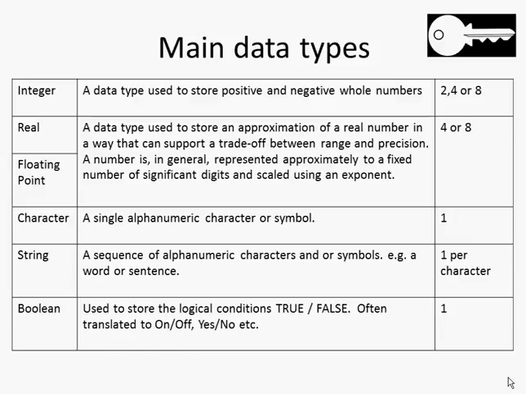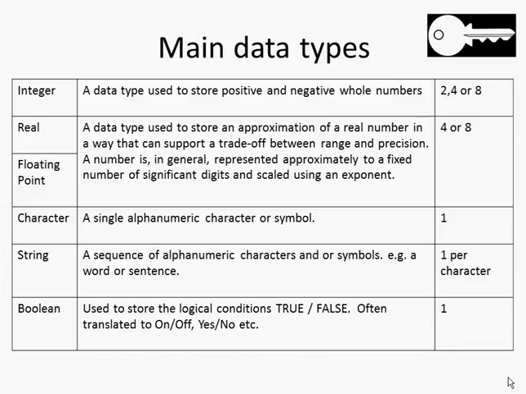A string can store anything and any number of characters, but is our most expensive data type in terms of memory. So an integer, depending on your programming language, would require 2, 4 or 8 bytes of space in memory, and it's always best to go with 4 as a number because that's in the middle, and if you ever had to do any calculations, then that's your best bet.